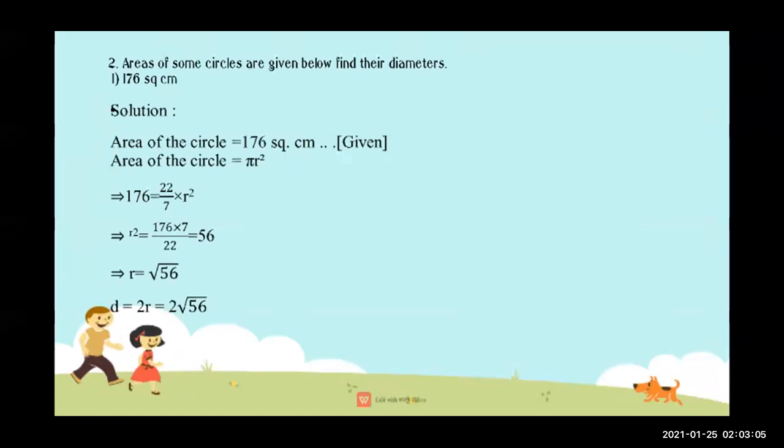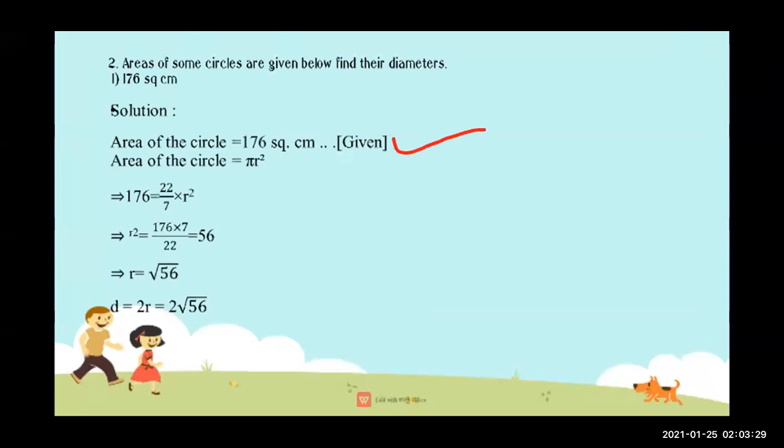The first question gives 176 square centimeter. This 176 is our area of a circle. So in the first line we write what is given: area of a circle is 176 square centimeter.